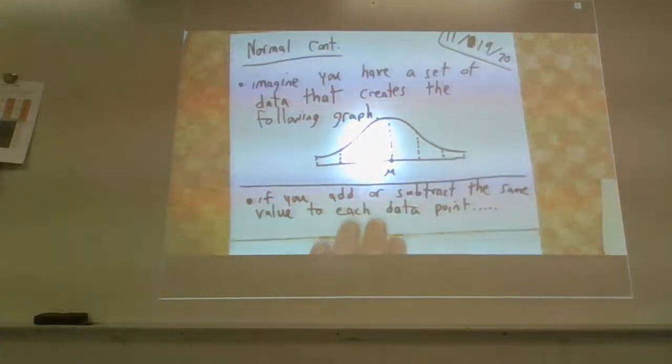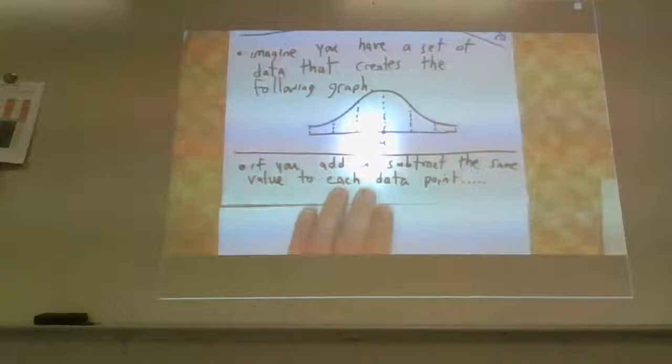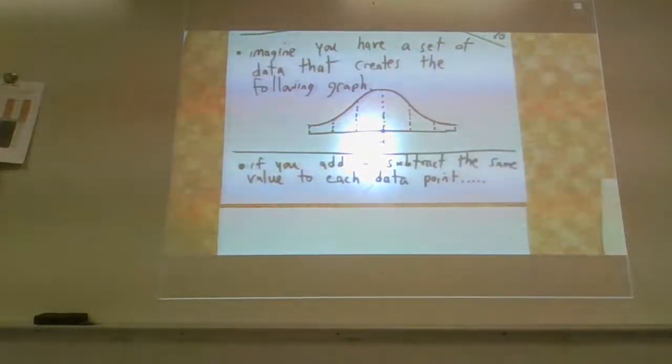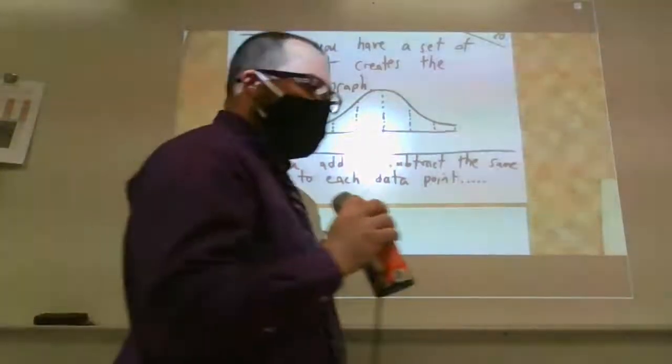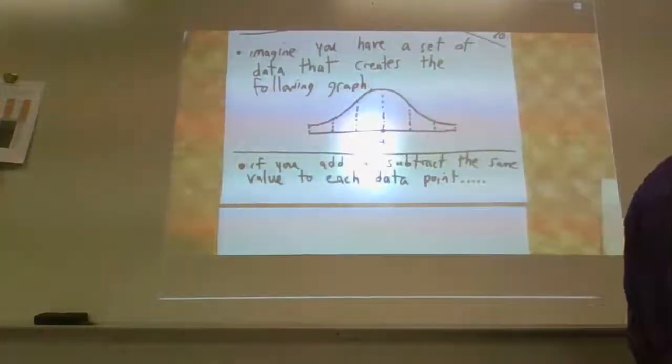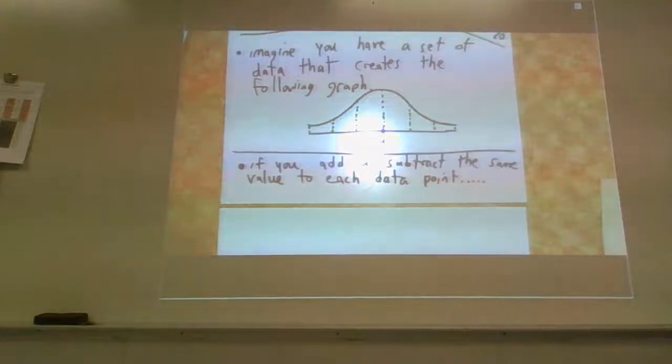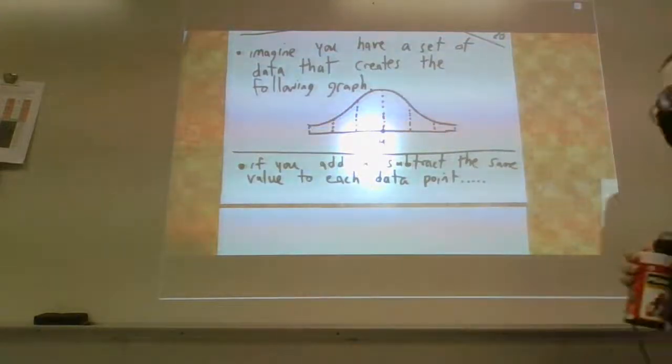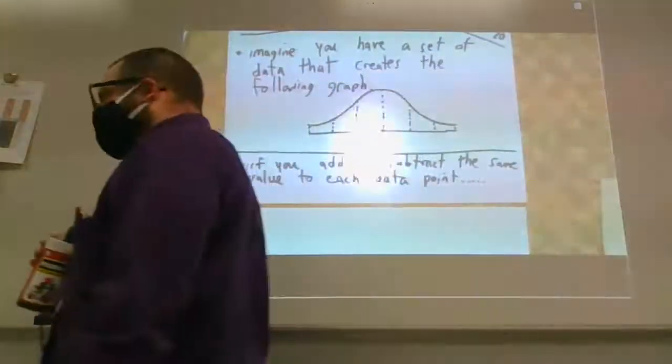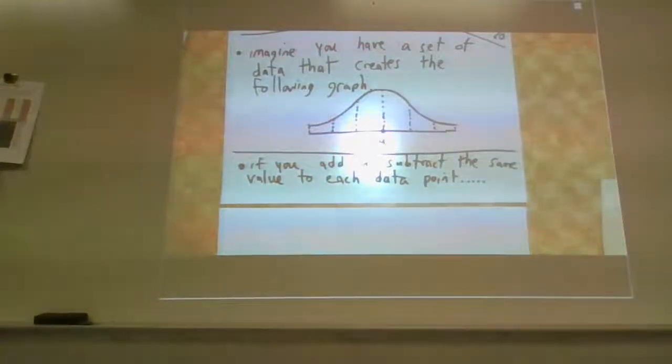Imagine every adult male in America. You have their height written down on a piece of paper in inches. And then, for some reason, you decide to add the number 2 to every single data point. Maybe every adult male in America put on shoes that made them 2 inches taller. So you're adding 2 inches to every single adult male in the country. Now this applies for adding or subtracting.